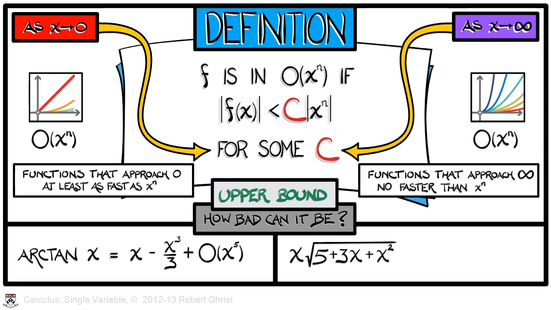Likewise, as x goes to infinity, we could look at a function like x times square root of 5 plus 3x plus x squared. This is a complicated looking function, but really, it's just x squared plus some other stuff in the limit as x goes to infinity.